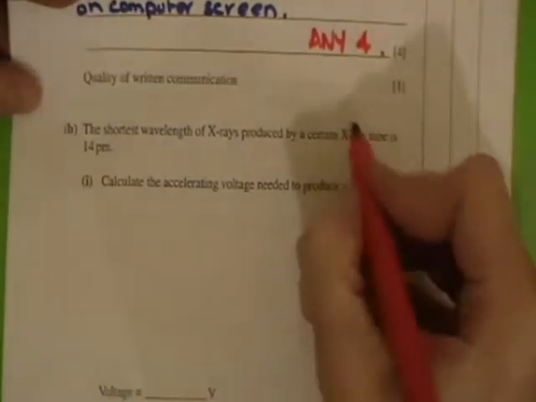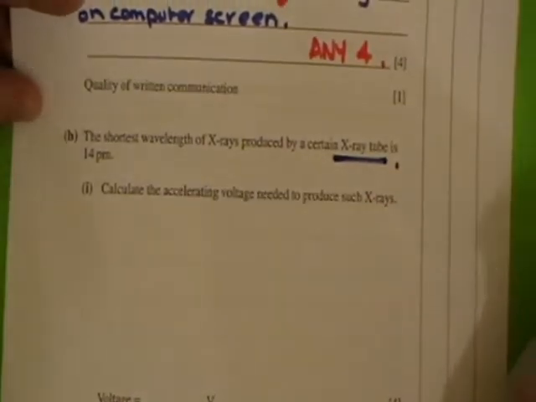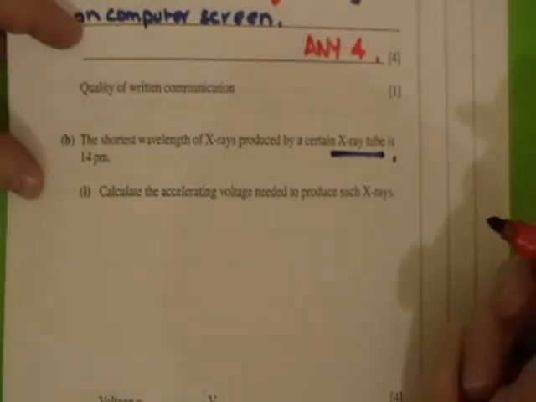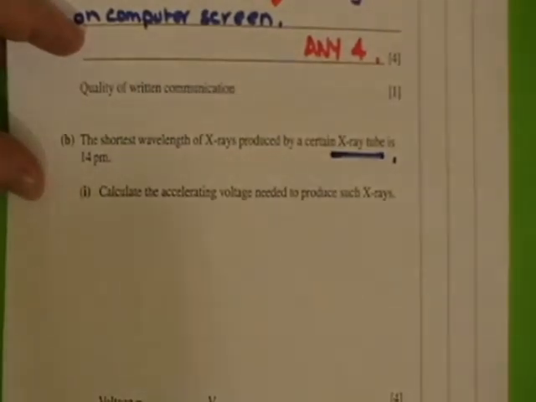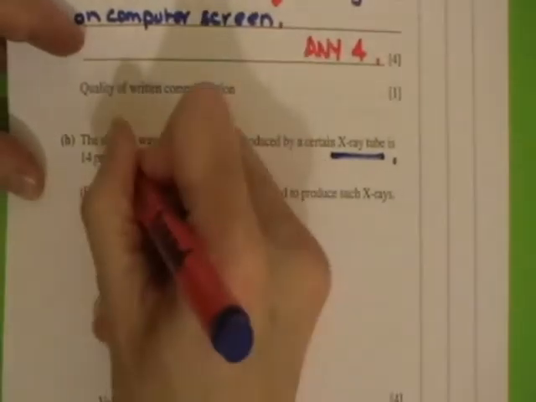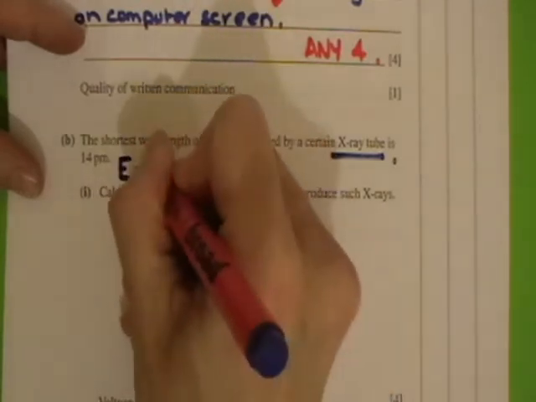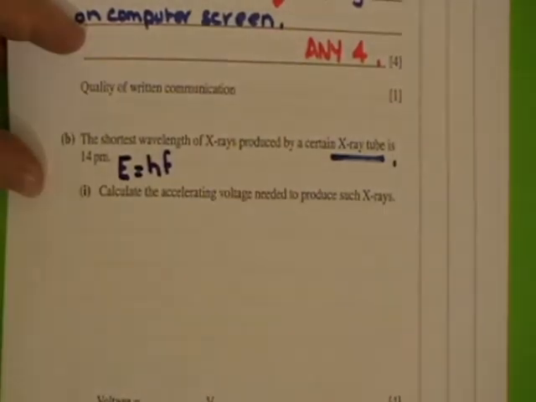Right, the next question is all about X-rays this time. So you can see an X-ray tube. It says the shortest wavelength of X-rays produced by a certain X-ray tube is 14 picometers. Now, we know that the energy of the X-rays produced is equal to hf, Planck's constant times their frequency.